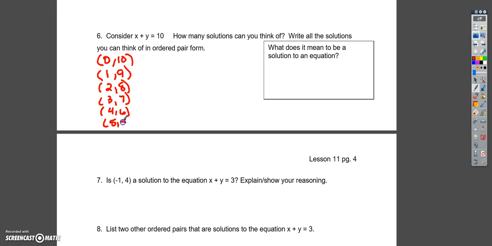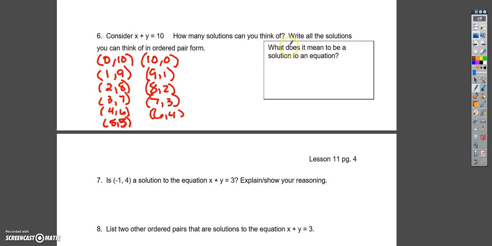And 5 plus 5. But couldn't we then let x be 10 and y be 0? So yes, all of these could be reversed. But if we reverse 5 and 5, we're still going to get 5, 5. So these are all the solutions that will make this equation true.